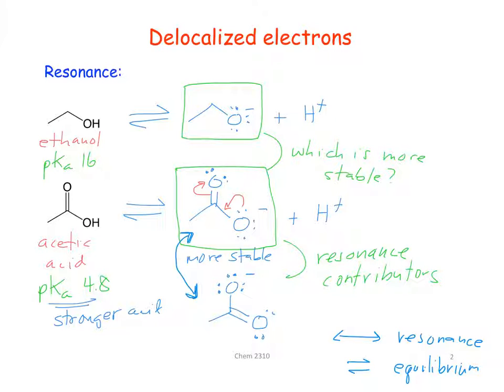We always have to remind ourselves that when we have resonance contributors, it's not that we have two structures going back and forth like in equilibrium. We have one structure, and these resonance contributors show different contributors to that one structure. I'll show you more about this as we go on.